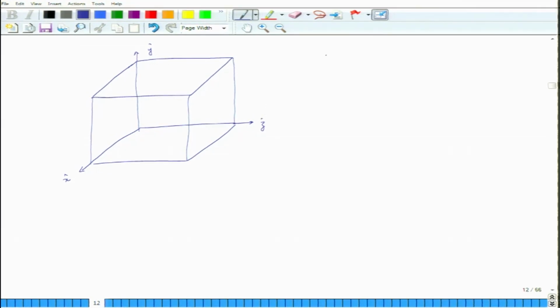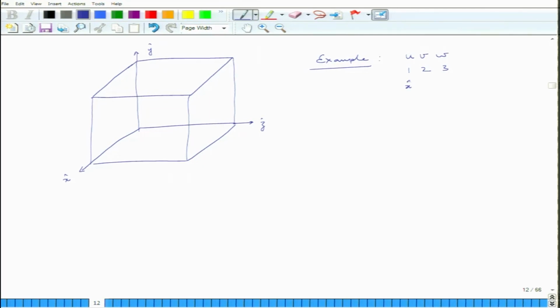So, let us say I want to draw, if I take U V W as 1, 2, 3, okay, then what basically it means is that you have one intercept along x.